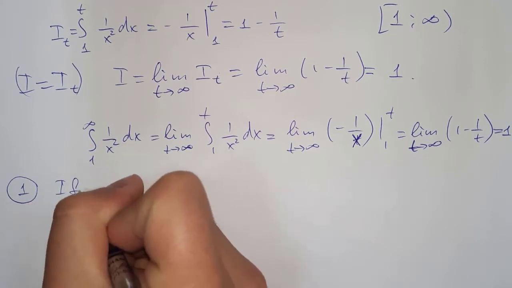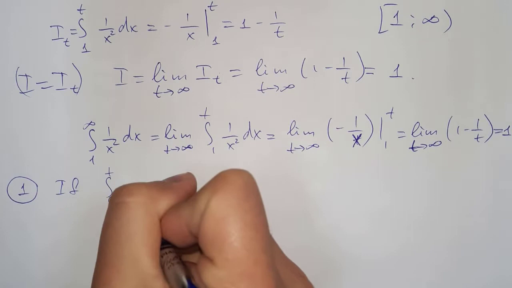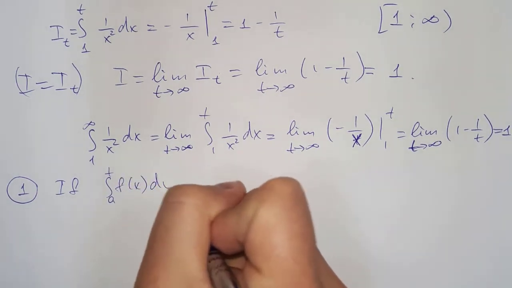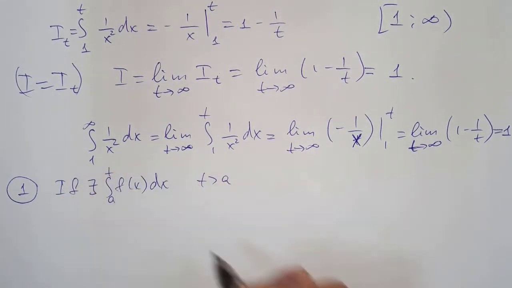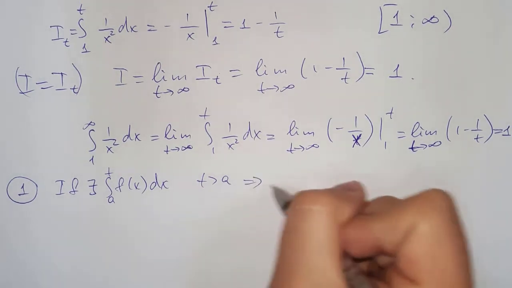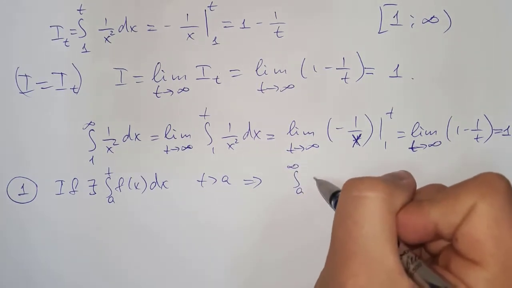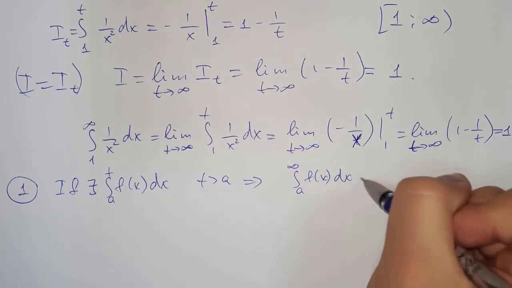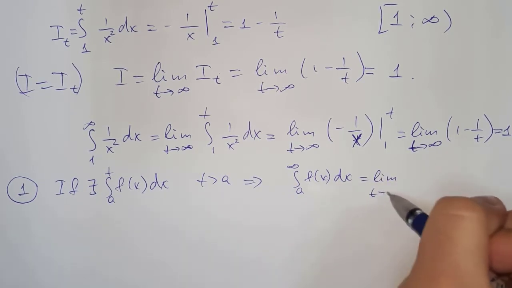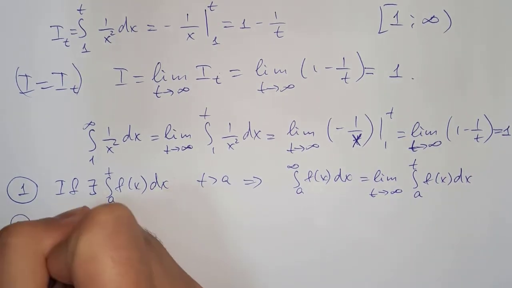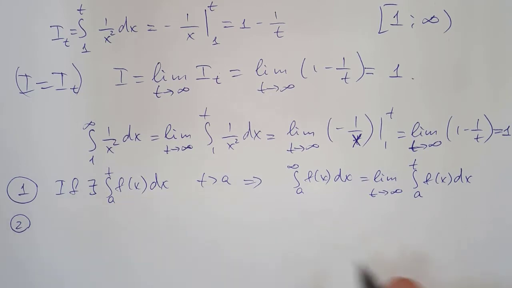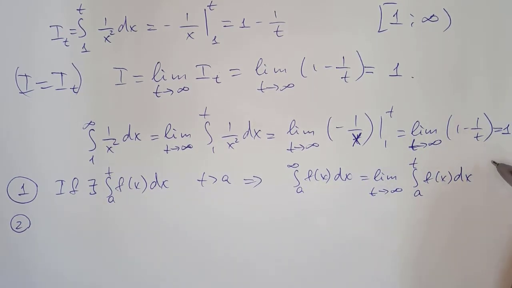If the integral from a to t of f of x dx exists for every t greater than a, then the integral from a to infinity of f of x dx equals the limit as t tends to infinity of the integral from a to t of f of x dx, provided the limit exists and is finite.